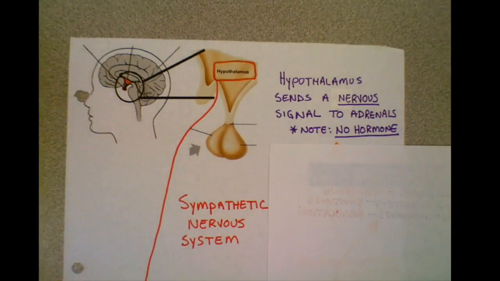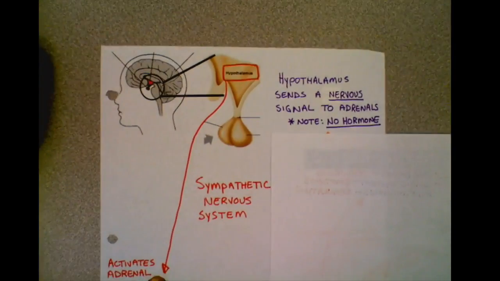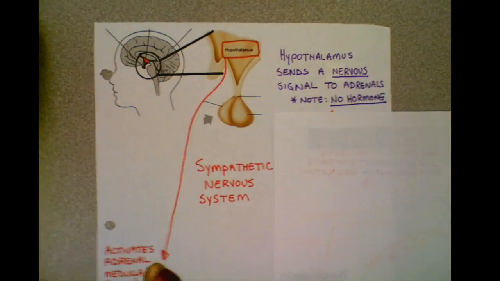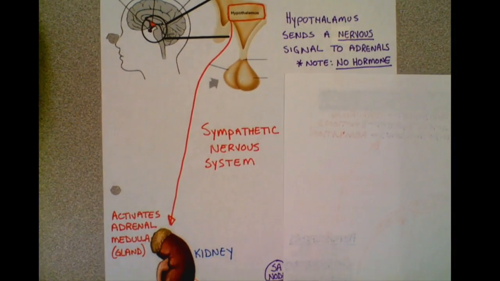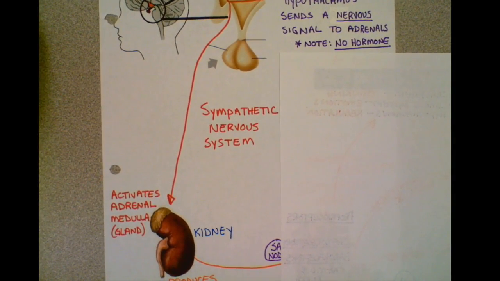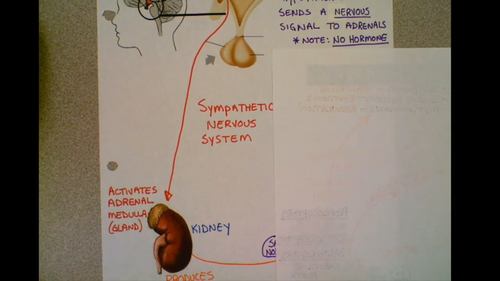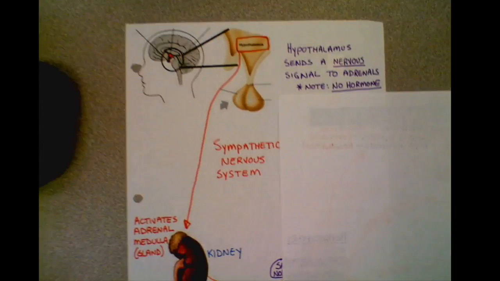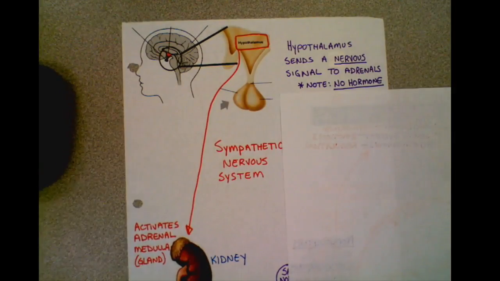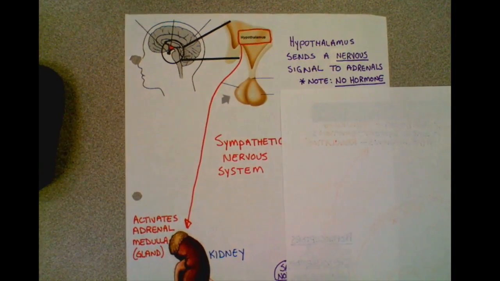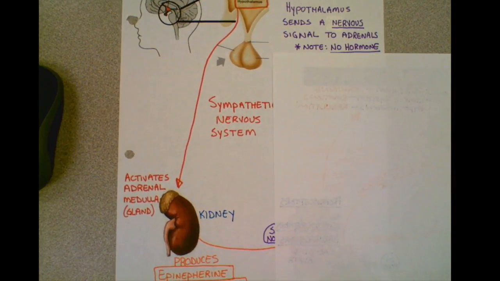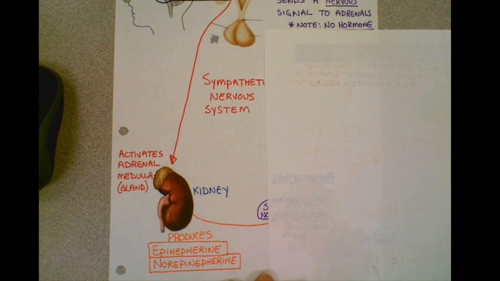In this case, a nerve signal is going to travel down your spinal cord from the hypothalamus to your adrenal glands. And your adrenal glands sit on your kidneys, and the adrenal glands are going to make, well, what we commonly call adrenaline, but the hormone is not called adrenaline. The hormone is called, well, there's actually two, called epinephrine and norepinephrine.